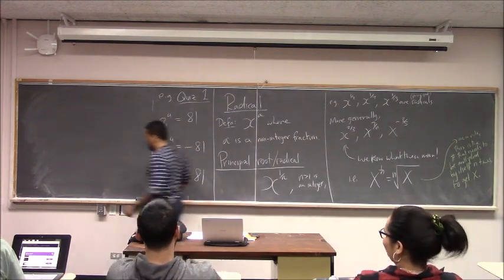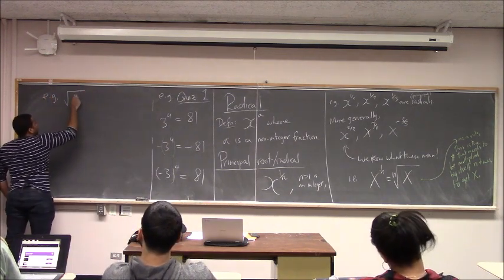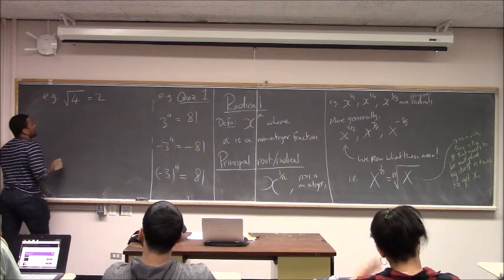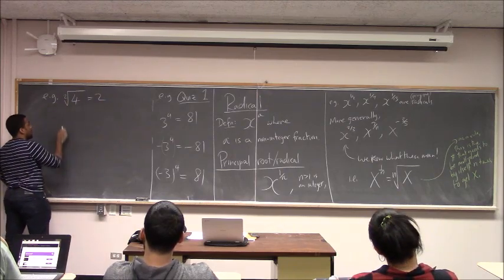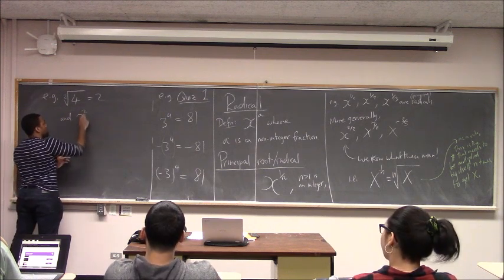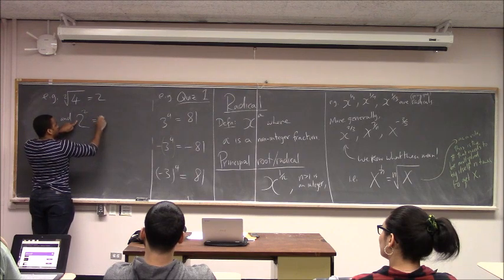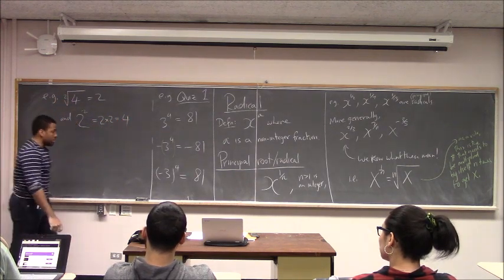So, for example, the square root of 4 is equal to 2, right? Because here you have a 2, and you need 2 squared, which means that's the number that you have to multiply by itself 2 times to get to that 4.